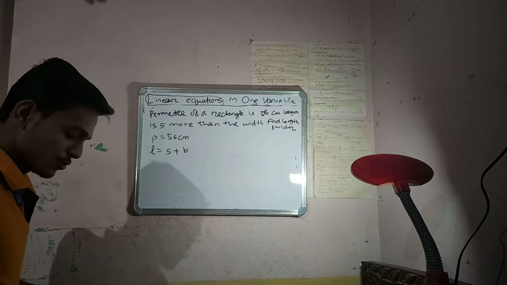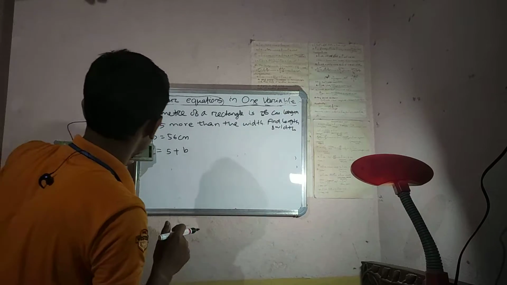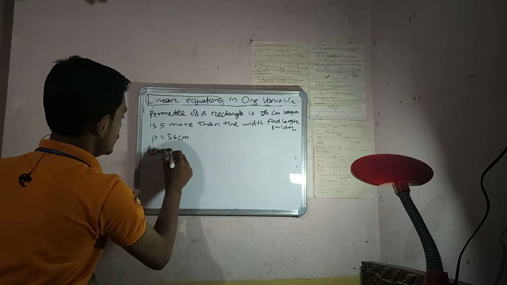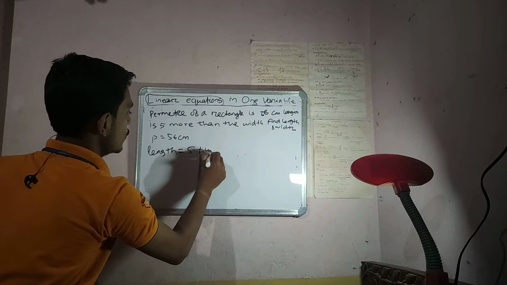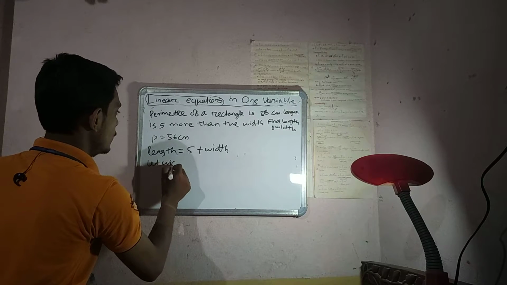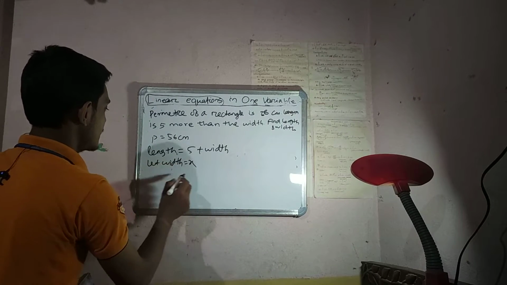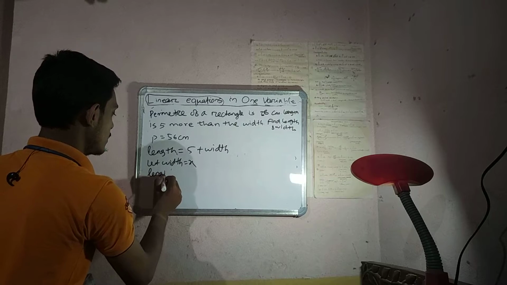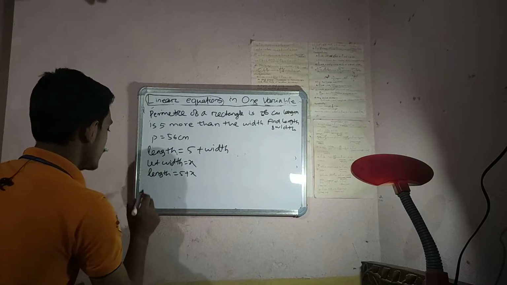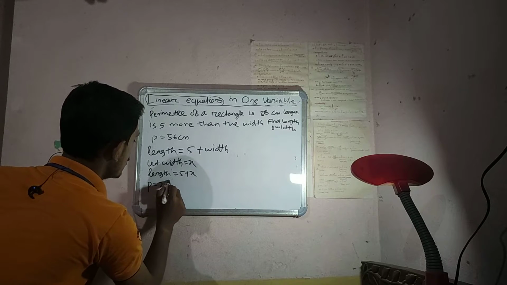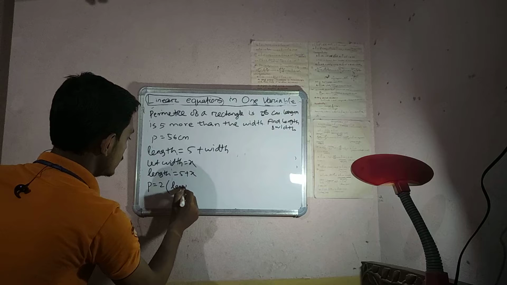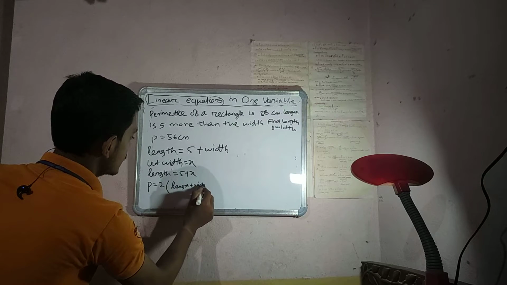Okay, so length is equal to 5 more than width. Let the width be x. So length is equal to 5 plus x, or x plus 5. So in terms of perimeter, that is 2 multiplied with length plus width.